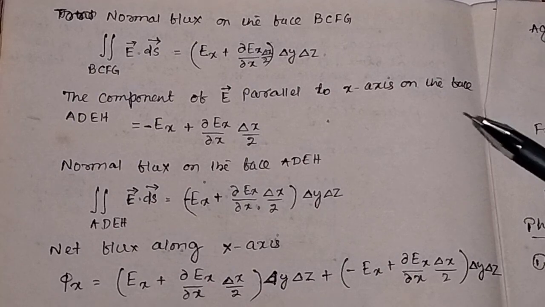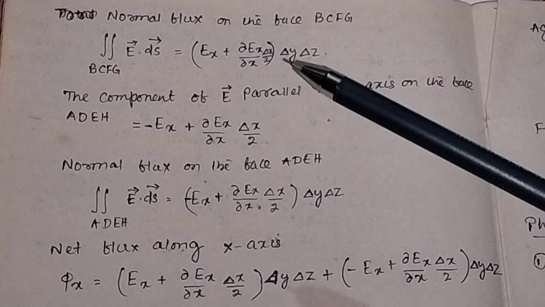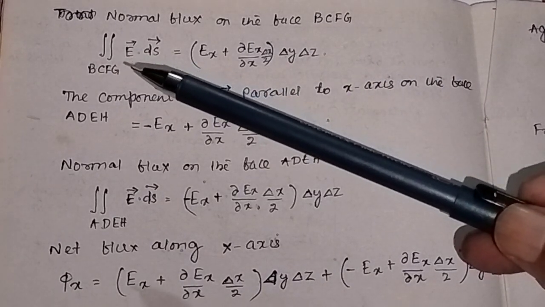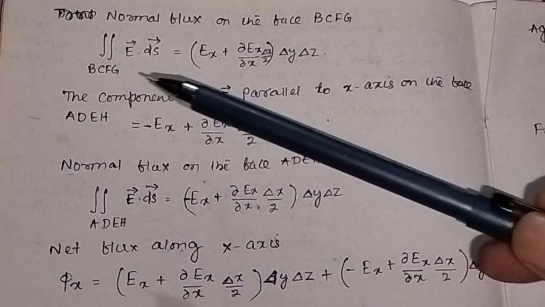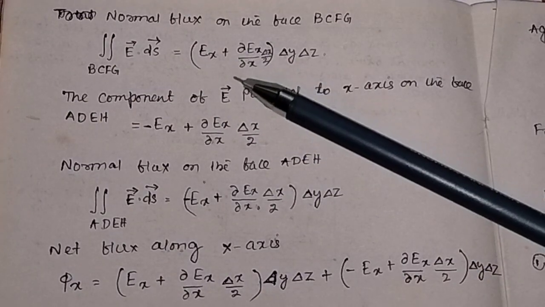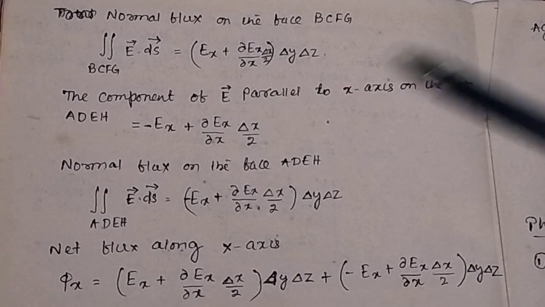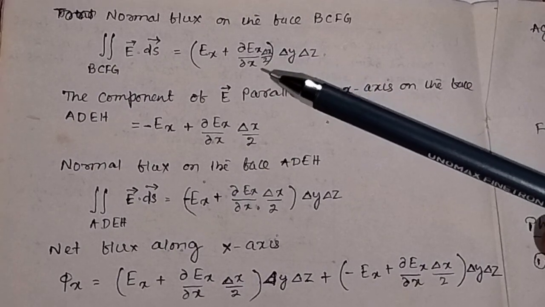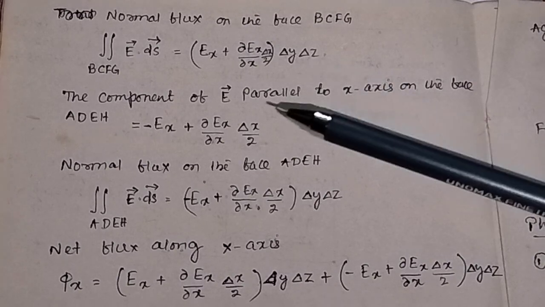So what will be the normal flux on the face BCFG? Normal flux will be equal, since it is a surface integral, we have taken two integrals. So the surface integral of E dot ds will be equal to Ex plus delta Ex with respect to x into delta x by 2, into delta y delta z.